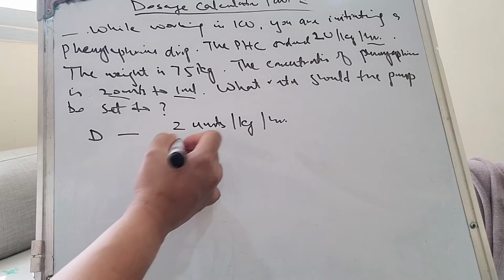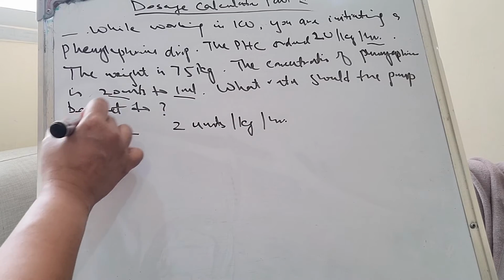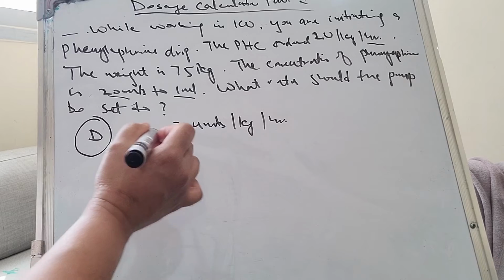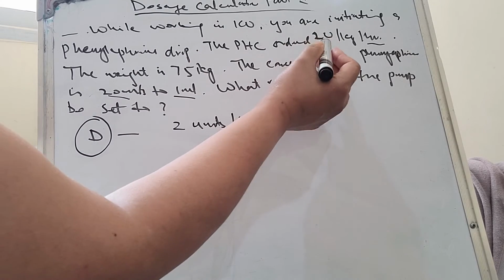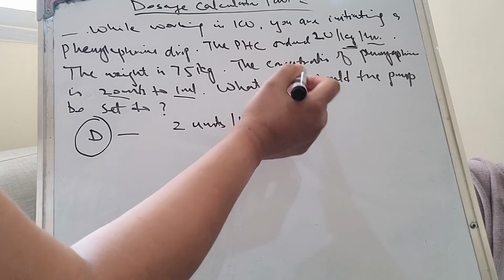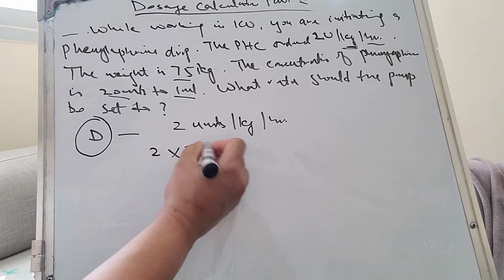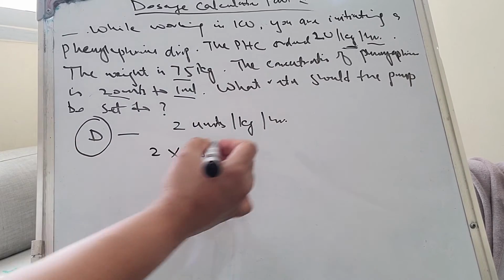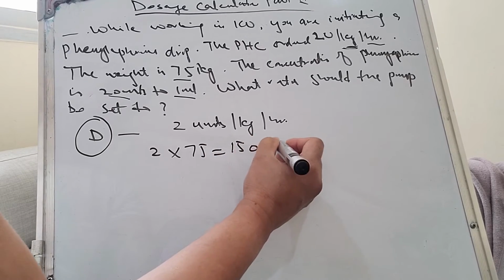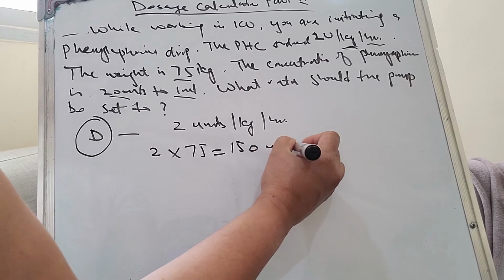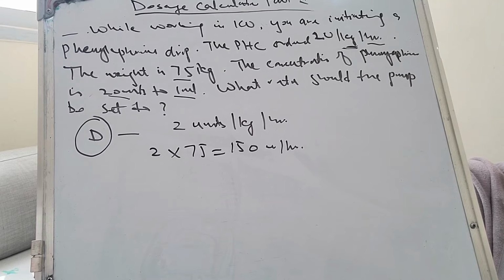So first we find the desired dose. They write 2 units per kg, but the patient weighs 75 kg. So 2 multiplied by 75 is 150 units per hour. This is our desired dose.